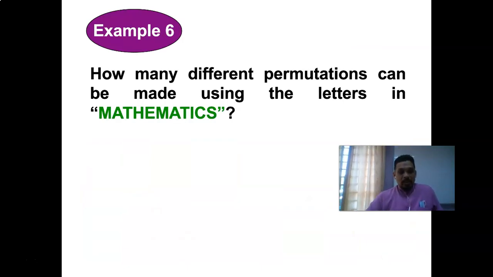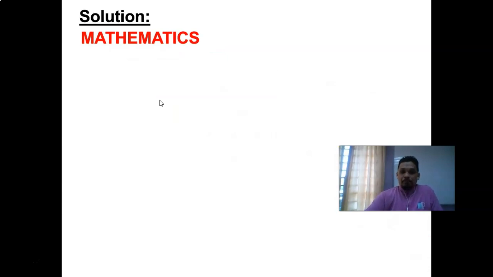Example 6. How many different permutations can be made using the letters of MATHEMATICS? First of all, we count the letters one by one: 1, 2, 3, 4, 5, 6, 7, 8, 9, 10, and 11. So the number of letters here is 11.